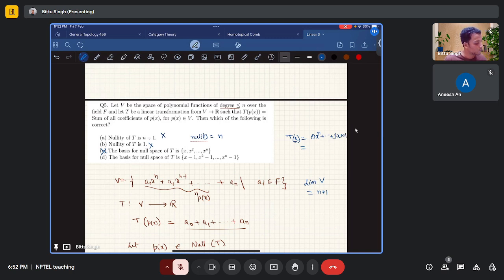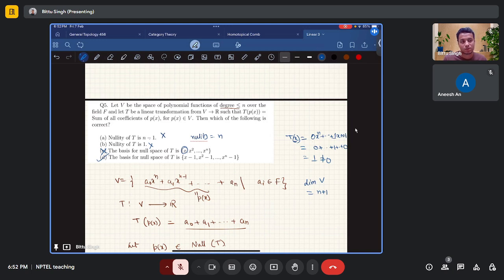So the sum of the coefficients will be 0 plus 1. The 1 only appears once, so this is 1, which is non-zero. So x does not belong to the null space, so this is not possible. The only possibility, as we have computed, is this one. So this is the correct answer.